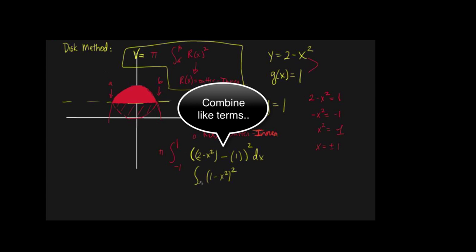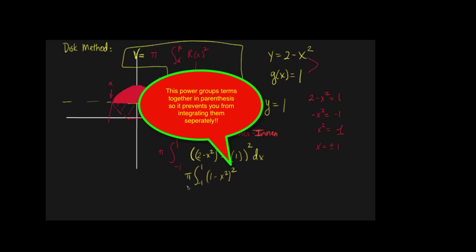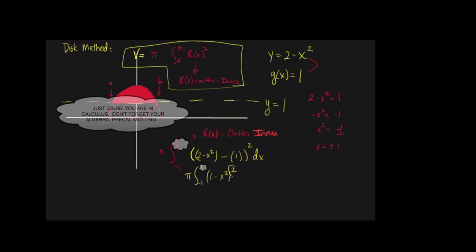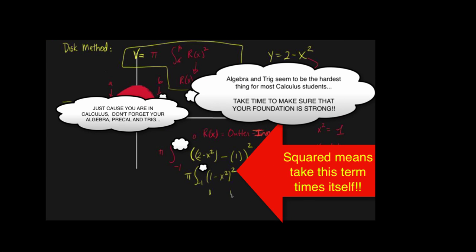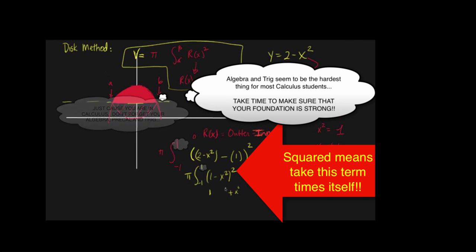How would you integrate this? You can only integrate if there's nothing but pluses and minuses. There's something besides a plus and a minus. So how can we get rid of that squared? FOIL, or the box method, or what I do is a shortcut where you square the first term, 1, square the last term, and then do twice the product.